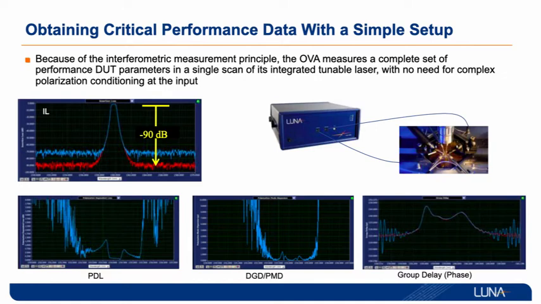I'll talk more on the next slide about why that is. The OVA essentially launches all of the polarization states into a device, and then you, as the user, can choose which ones you're interested in. So if you only want TE or TM, you don't need to worry about it. You just hook up, scan, and then you can extract the TE response from the data. You can extract the TM response from the data, or the fast state, or the slow state.